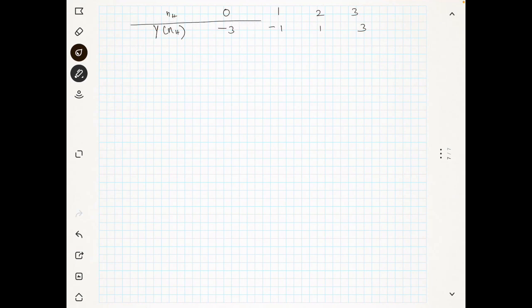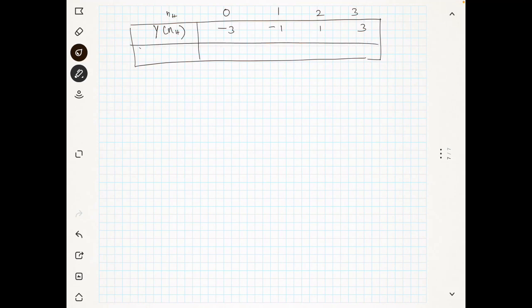Now we are talking about the probability mass function for y.